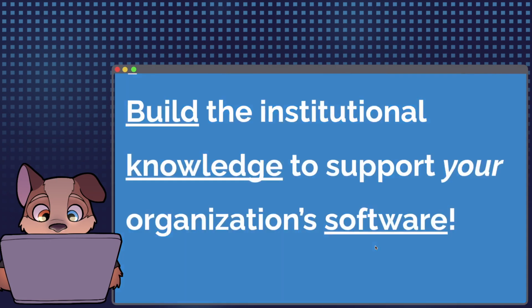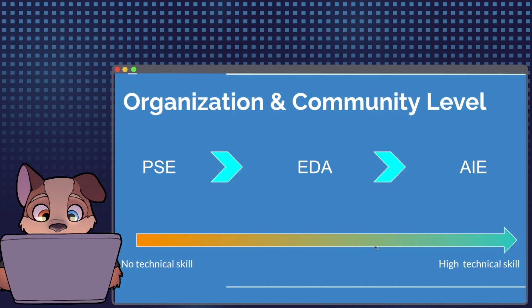All right. And again, the goal here is to build the institutional knowledge to support your organization's software. Every organization is going to need to be able to support and manage their own software. That's just what's coming in the future. And hopefully this serves as a framework at the organization and community level, to start moving some individuals from no technical skills to semi-technical to highly technical.